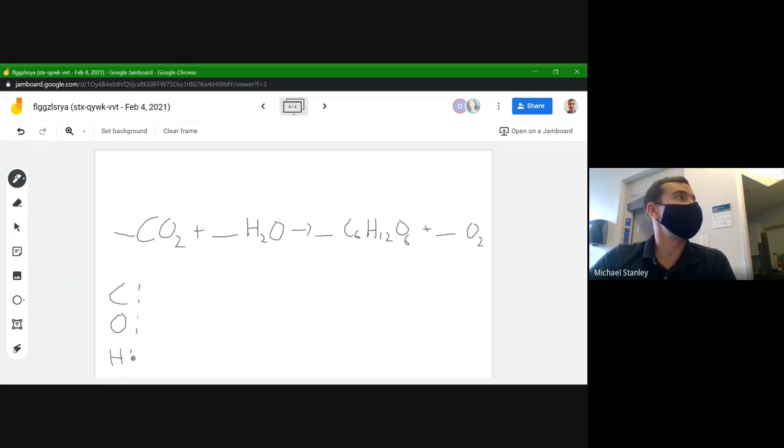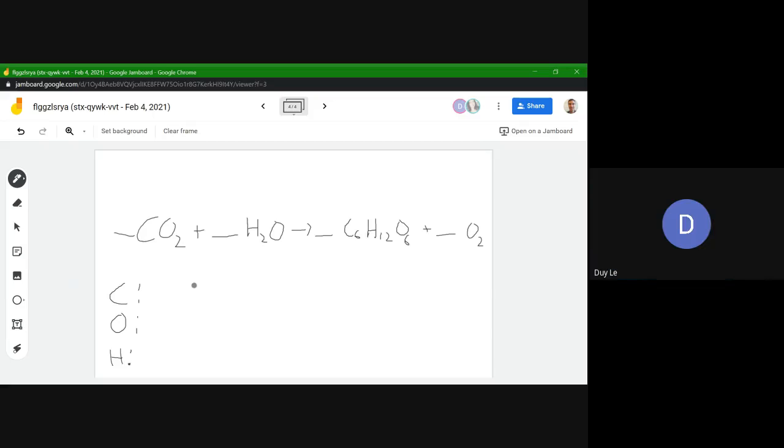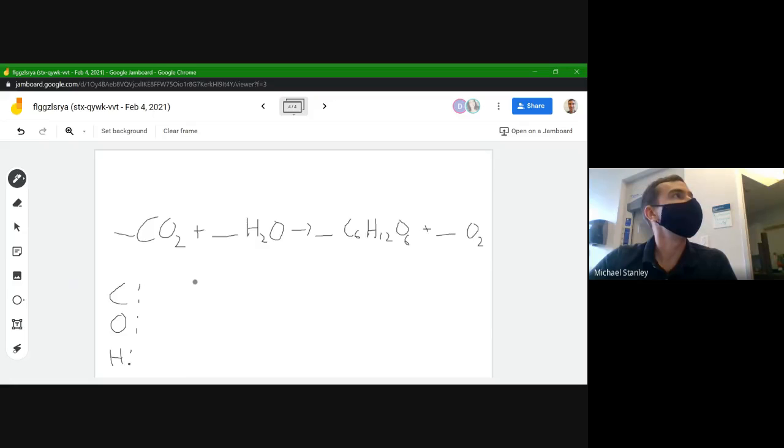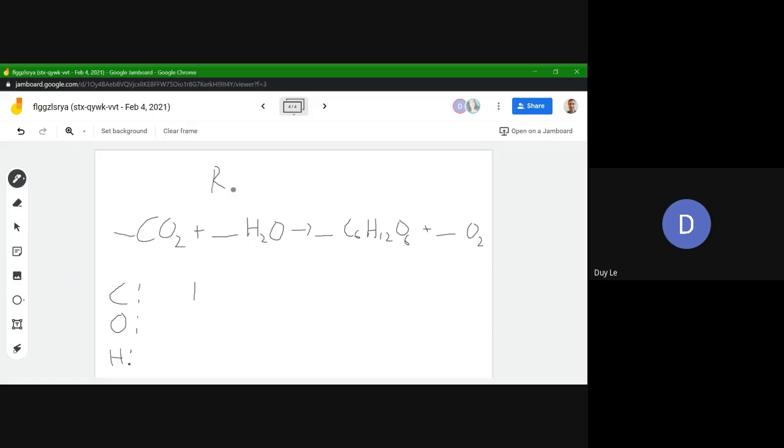So we've got some C's, O's, and H's on both sides. So on our reactant side, how many C's do we have? 1. One C. This one is tricky. How many O's do we have on our reactant side? 2.